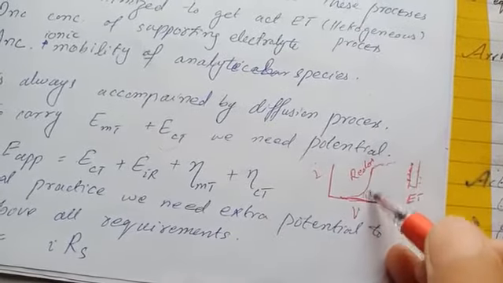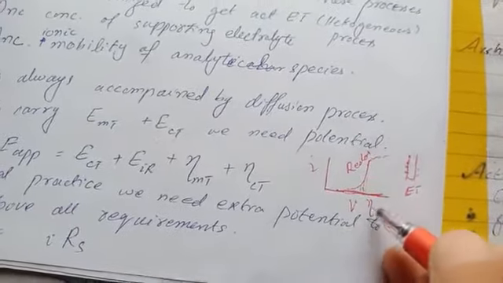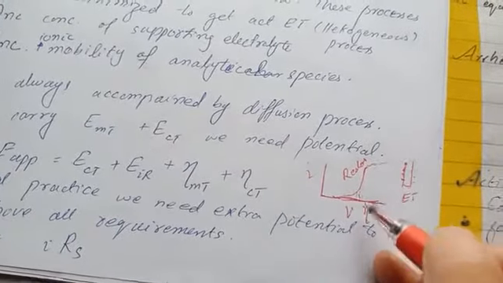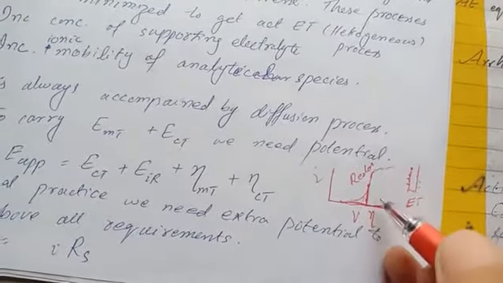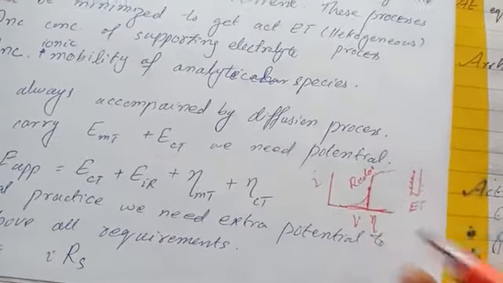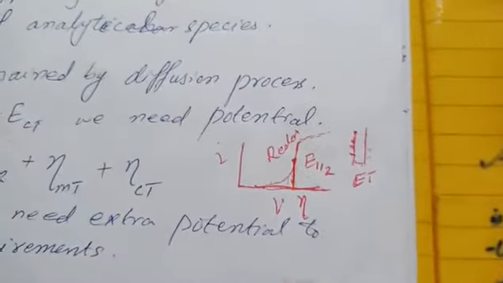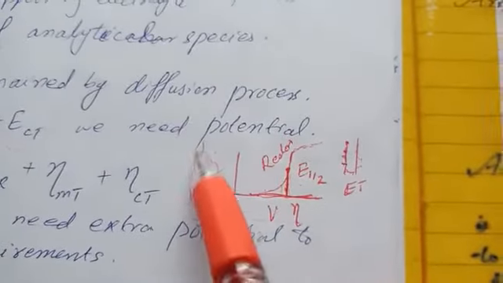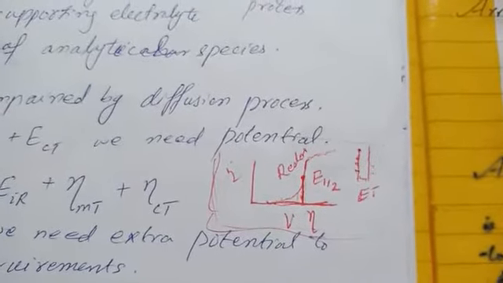This extra amount of voltage is known as overpotential, which is denoted by eta, and this point is known as the half potential. The details of this type of electrochemical kinetics will be discussed later on. So let's come to the basic understanding of the different parameters.